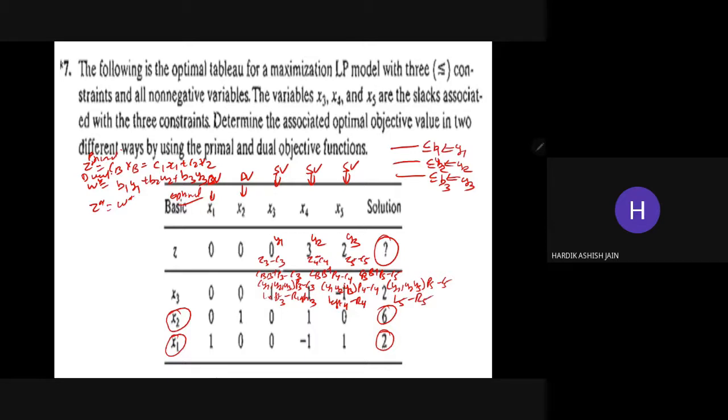Now please think, if we have the two variable problem x1 x2, and here we have added x3, x4, and x5. So what will be the left side and the right hand side of the dual constraints corresponding to x3, x4, x5?